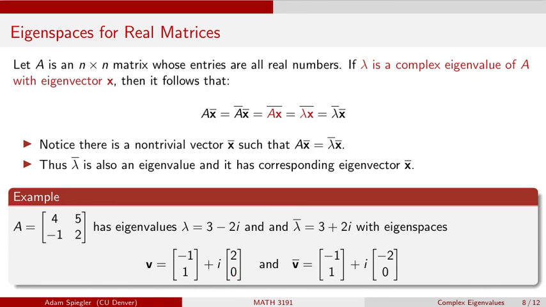So a basis for the eigenspace for lambda bar equals 3 plus 2i would be, we keep the same real part, -1, 1, as with the previous eigenspace, but now we change the sign of the imaginary part. So we conjugate the eigenspace of lambda to get the eigenspace for the conjugate of lambda.